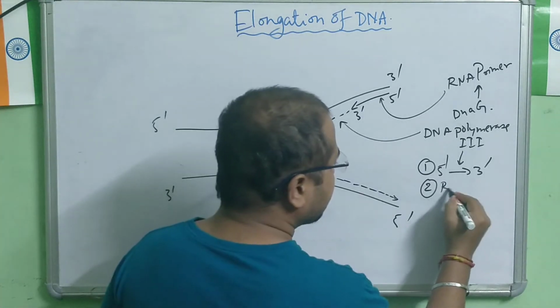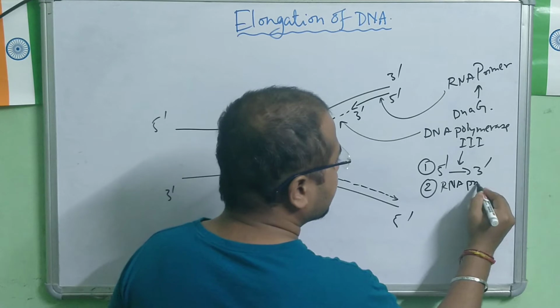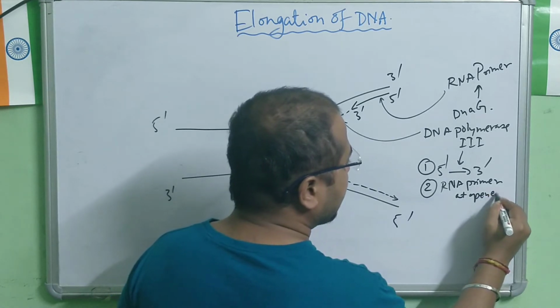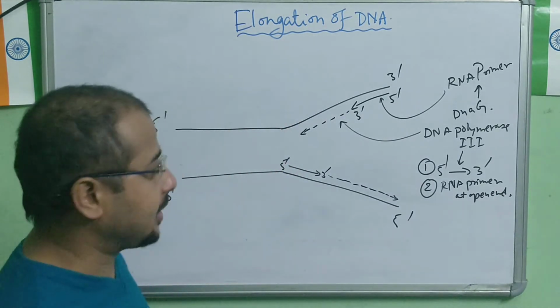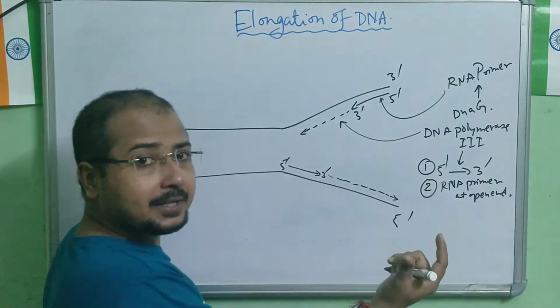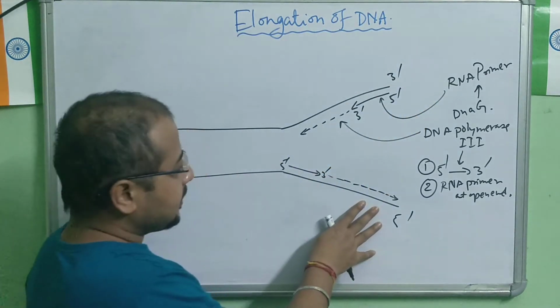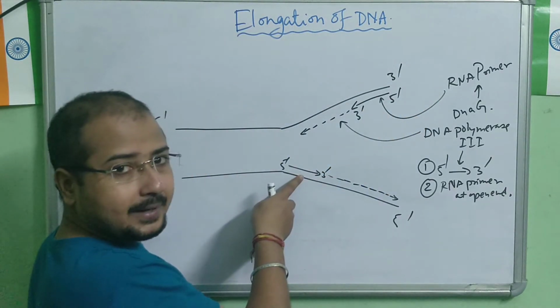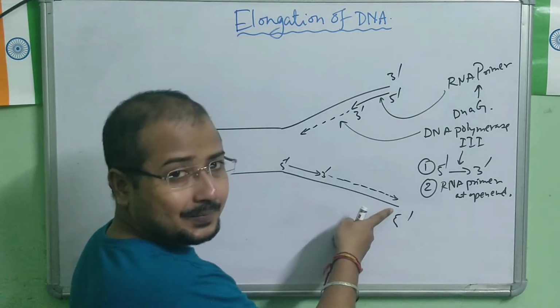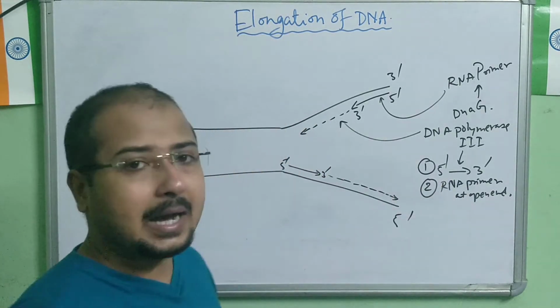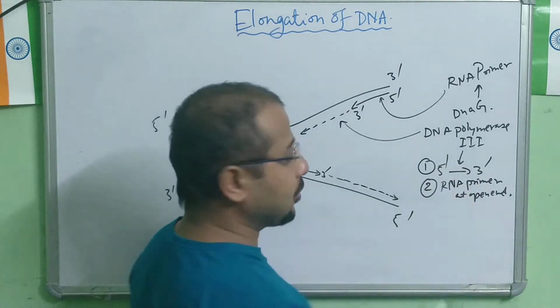If you look at this strand, where does the RNA primer develop? Here at the open end. In this strand, is it at the open end? No, the open end should be here, right? So this is the problem with the RNA primer and the DNA polymerase.